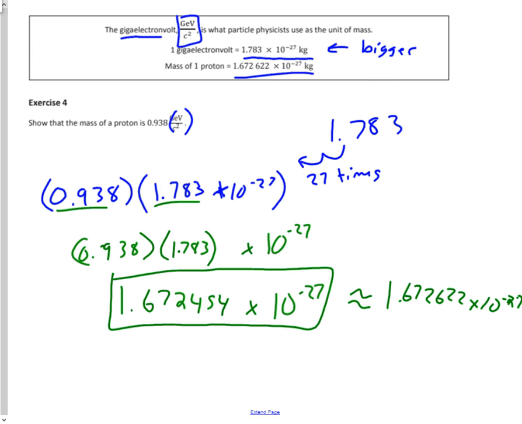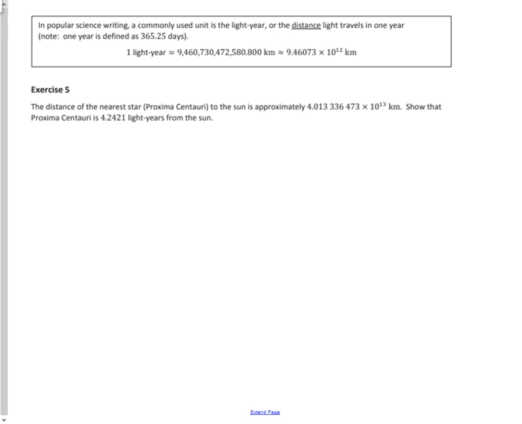All right, we're going to go through one more example. Example 5 says, in popular science writing, a commonly used unit is a light year. I'm sure you've heard of that. Buzz Lightyear to the rescue! It is the distance light travels in 1 year, using 365.25 days for the year, because every 4 years it's actually 366 days.